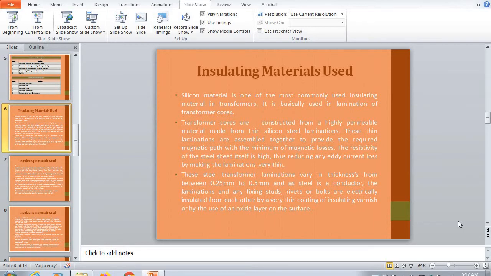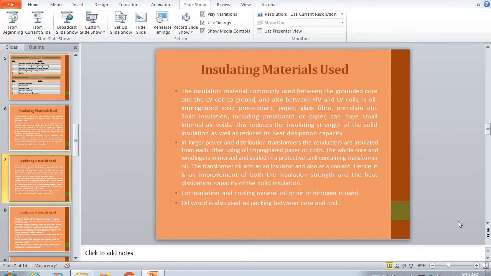The resistivity of the steel sheet itself is high, thus reducing eddy current loss by making the laminations very thin. These steel transformer laminations vary in thickness from 0.25 mm to 0.5 mm, and as steel is itself a conductor, the laminations and any fixing studs, rivets or bolts are electrically insulated from each other by a very thin coating of insulating varnish or by the use of an oxide layer on the surface.